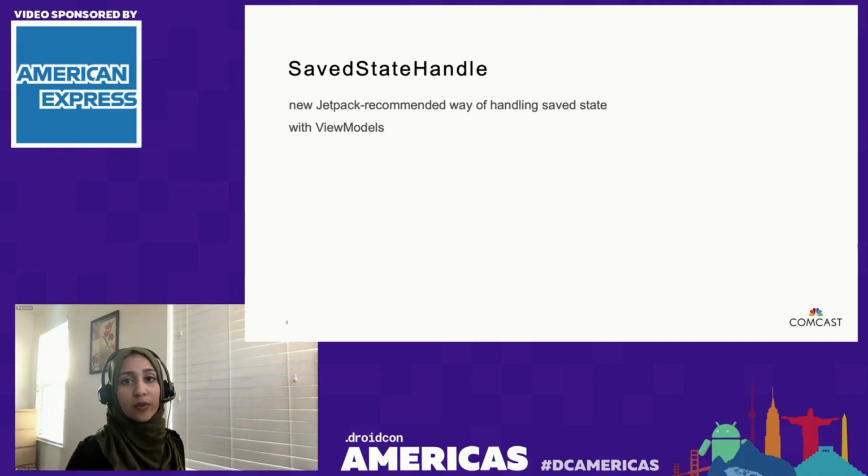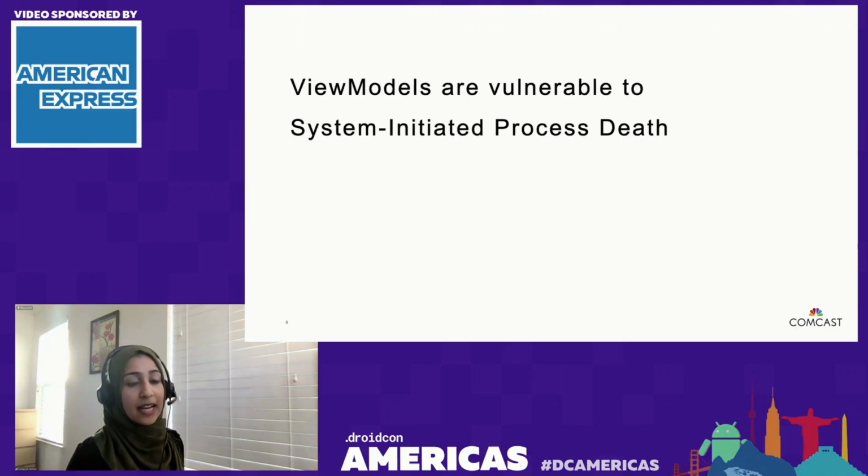So our view model would be guaranteed to persist our data or persist our state through rotation cases, through background, foreground. But there is one case that view models aren't guaranteed to handle by default, and that is process death. And when I say process death, I mean system-initiated process death as opposed to the user force quitting an application.